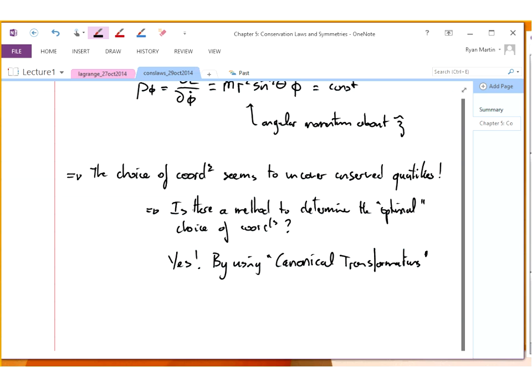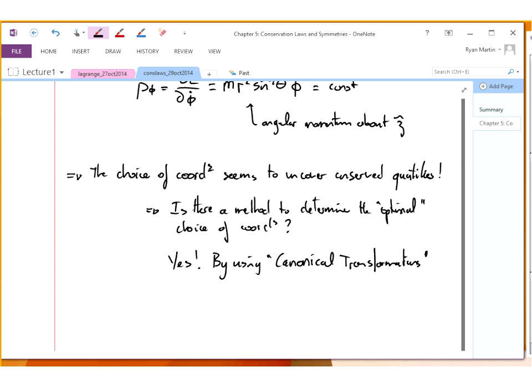Then the equations of motion are trivial, because they're all just one-dimensional, first-order differential equations, since all momenta are constant. However, the part that's not trivial is how to find the canonical transformation, and we'll see that later.